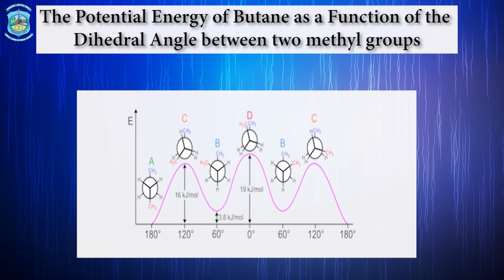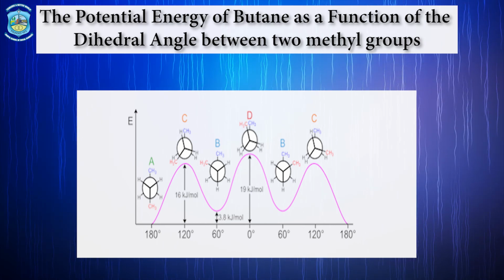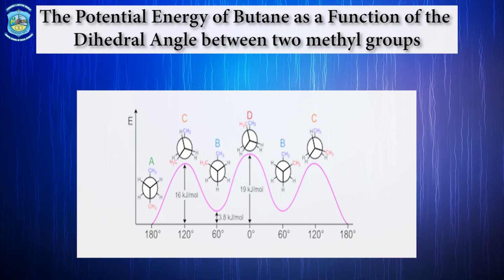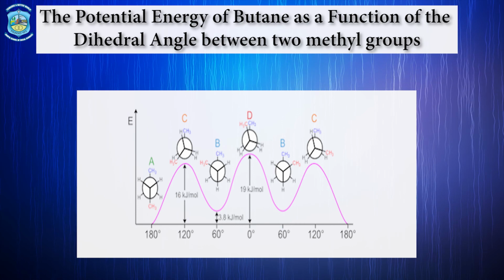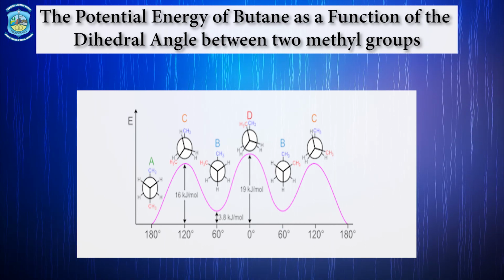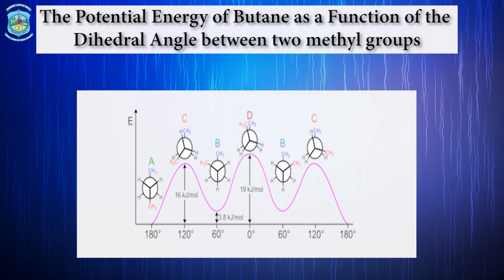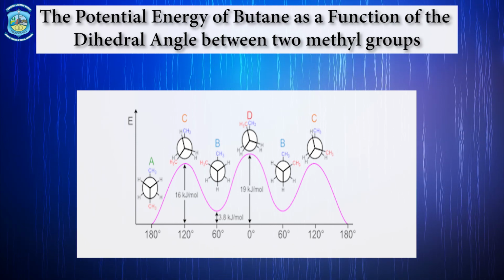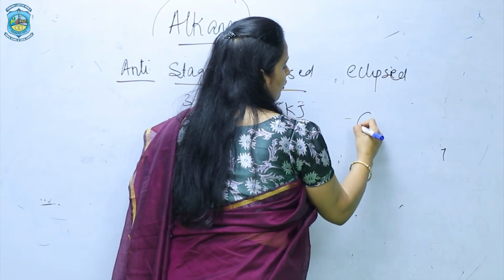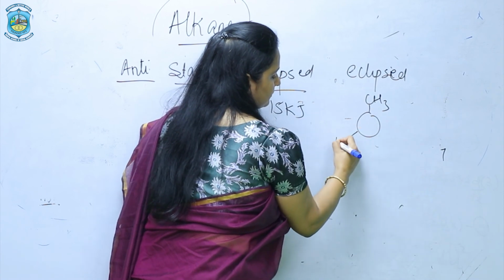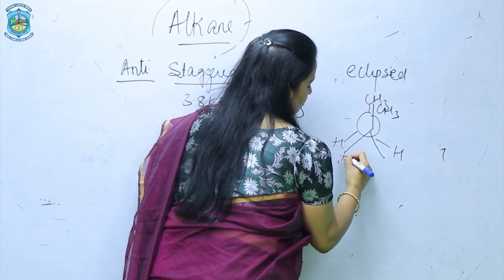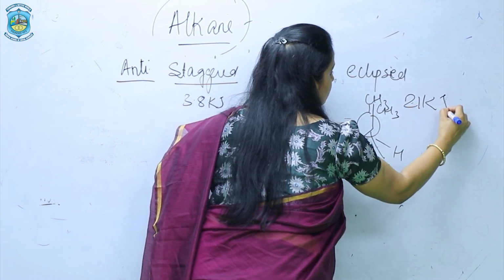So looking at the energy profile of each conformer, I have anti which is lying at the lowest energy peak, I have gauche staggered which is having around 3.8 kilojoules of energy, I have two eclipsed structures which are having around 15 kilojoules of energy, and the most unstable structure which is eclipsing of two CH3 groups having 21 kilojoules of energy.